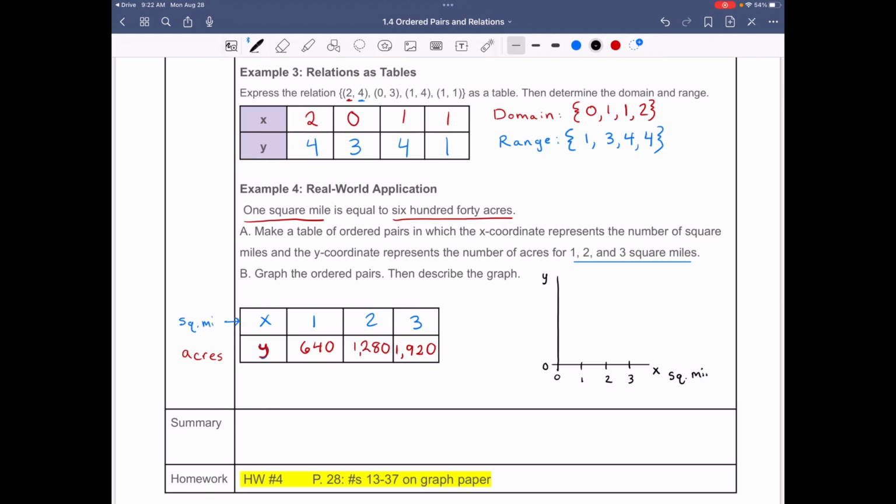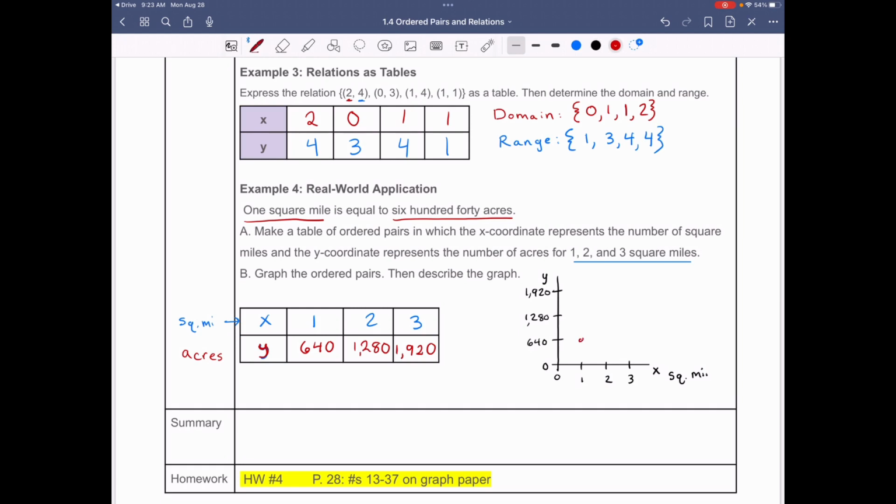Then on the other side, the y-axis, we'll count by 640 because we can do that. We're allowed, as long as it's to scale. But we're going up by 640 each time.